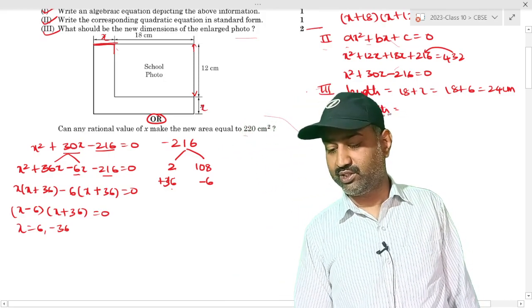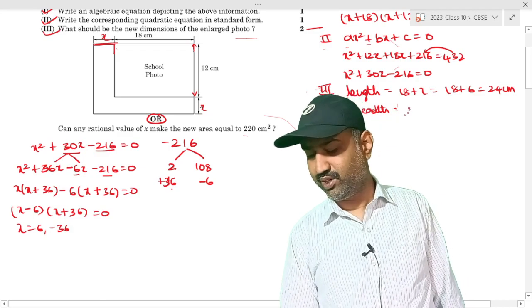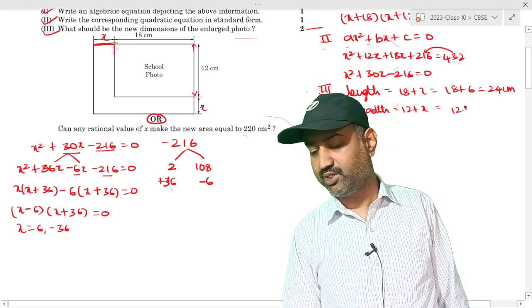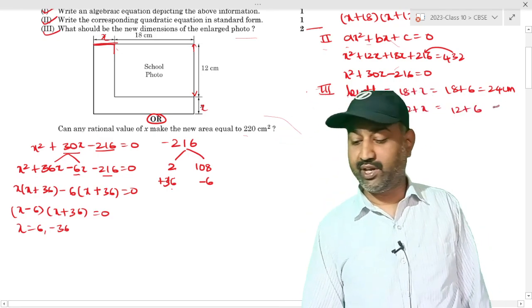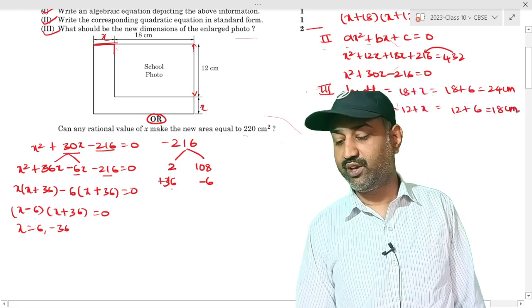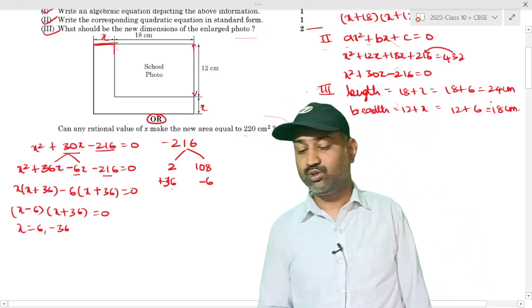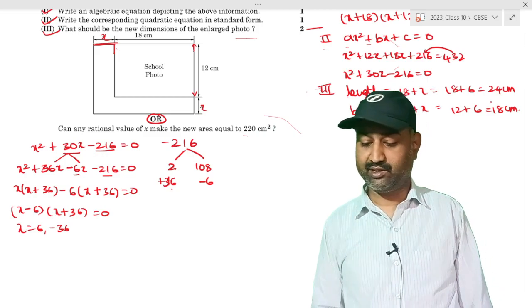New breadth or width, we can say breadth or width here, it's fine. 12 plus x is equal to 12 plus 6 is equal to 18 centimeter, right? We can verify: 24 18s are 432. The area is doubled here, right?